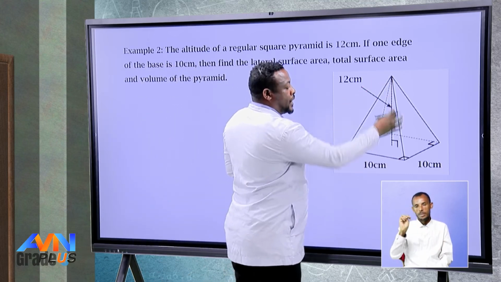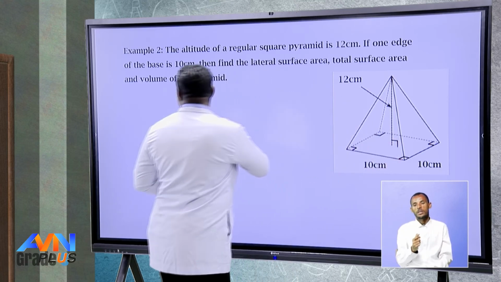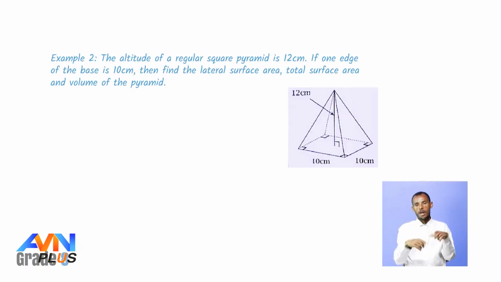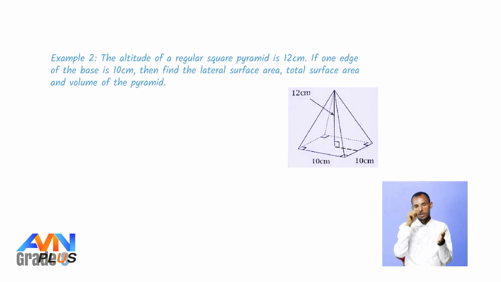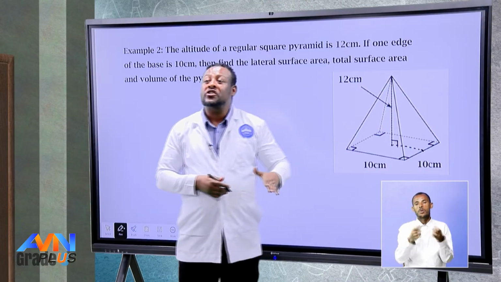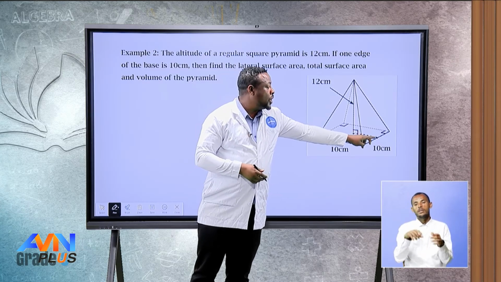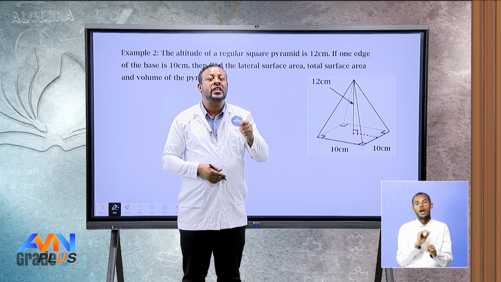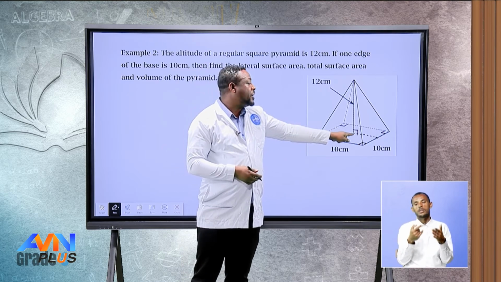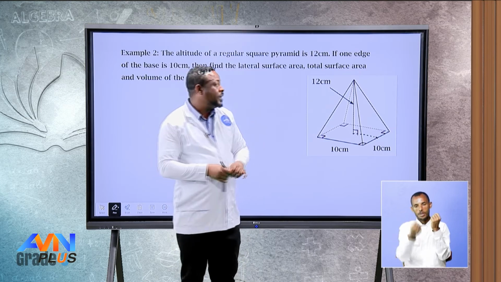That means we can construct a line joining the center to one of the points here. Whenever we construct this segment from the center of the base to the side, we need to make our construction in such a way that the center and this point join the base of the slant height.